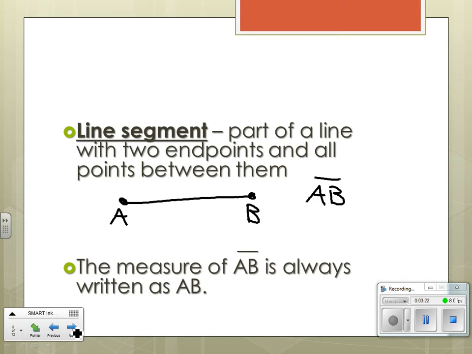If there is not a line over the top, I read it as the measure of AB. So the line over the top talks about the physical, actual line segment. If I don't put that, that'd be like me saying measure of AB equals 8. Something I can actually assign a number to. I wouldn't say that the line segment equals 8. I'm going to say its measure equals 8.